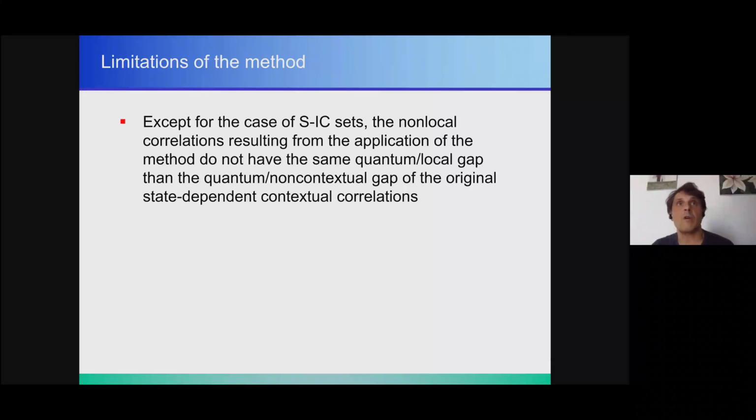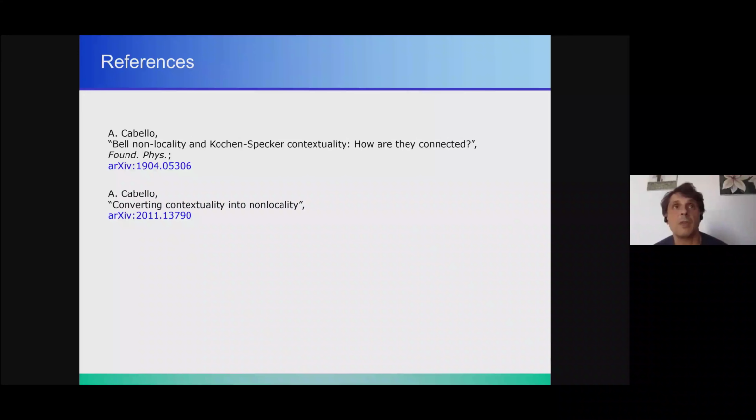So the references are these two. The first deals with the existing connections between non-locality and Kochen-Specker contextuality, and the second introduces the method I tried to describe in my time. Thank you for your attention.